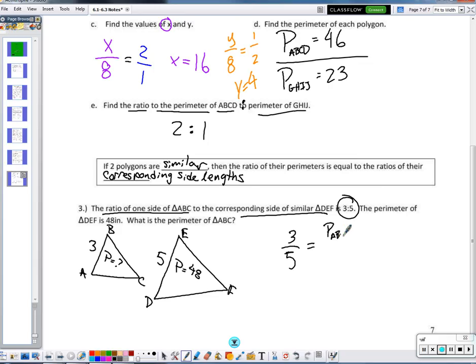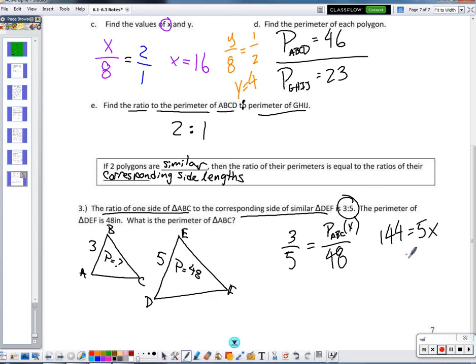So what's 3 times 48? 3 times 50 is 150, and if I take away 6 from that, I end up with 144. So 144 is equal to 5x, because we're trying to find this value right here, x. When I divide by 5, x equals 28.8.